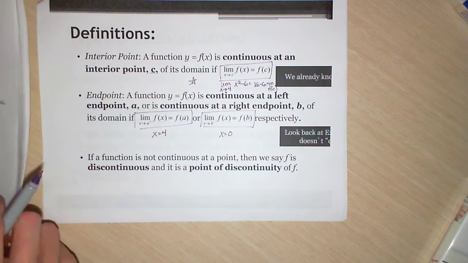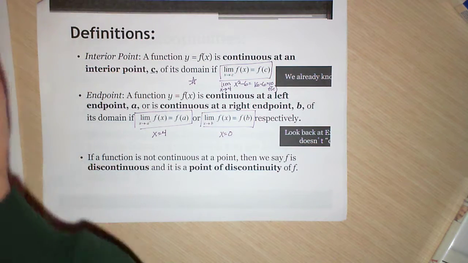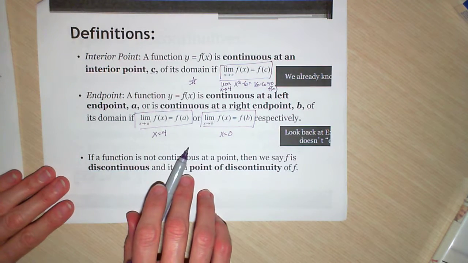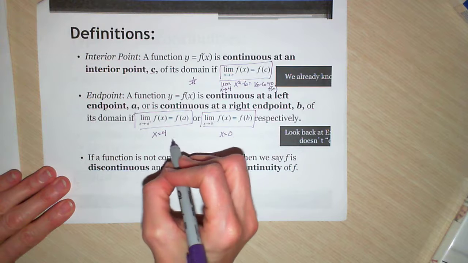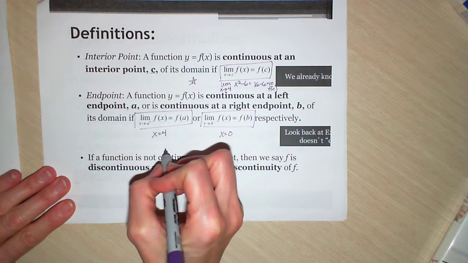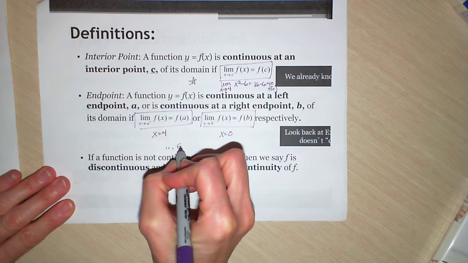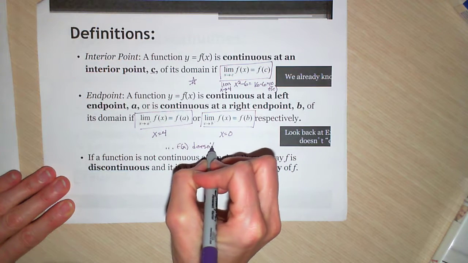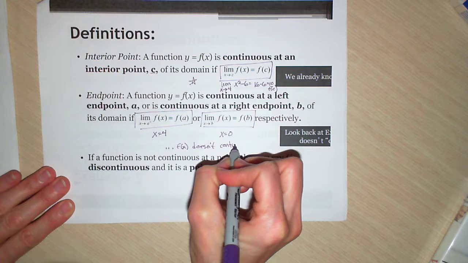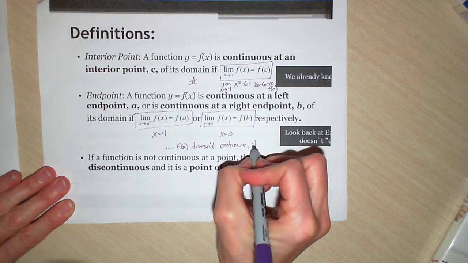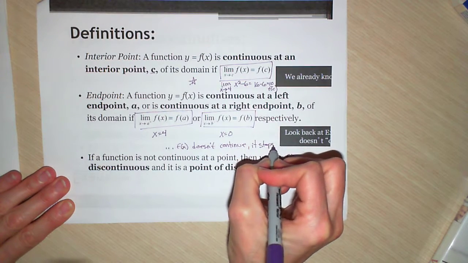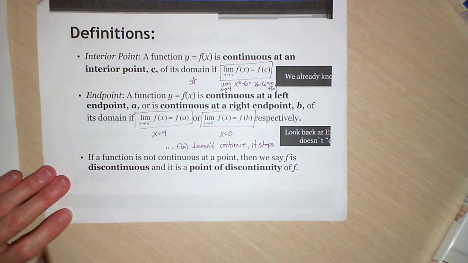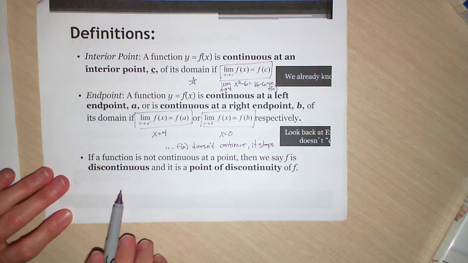So that previous example kind of shows you what they're talking about for continuity at an endpoint. And if you think about it, at x equals 4 and x equals 0, the function doesn't continue, right? It stops. So those are the endpoints, because it stops there.